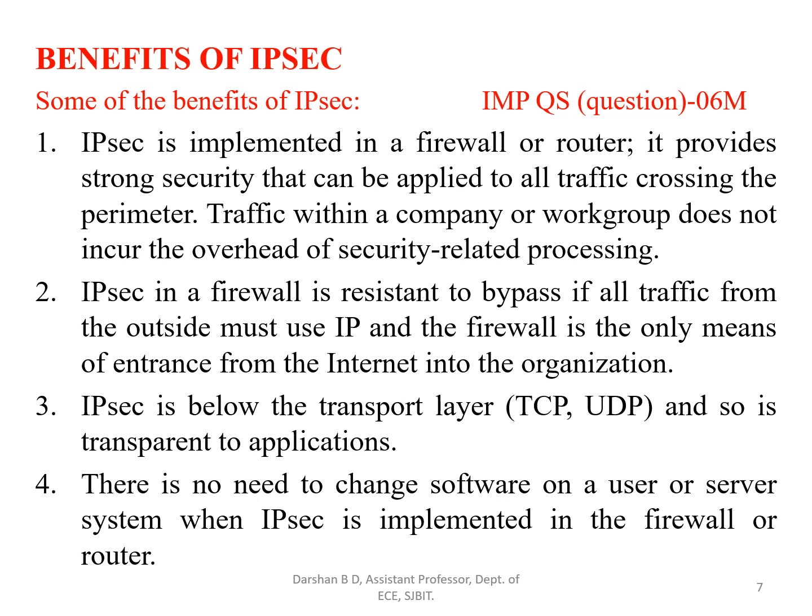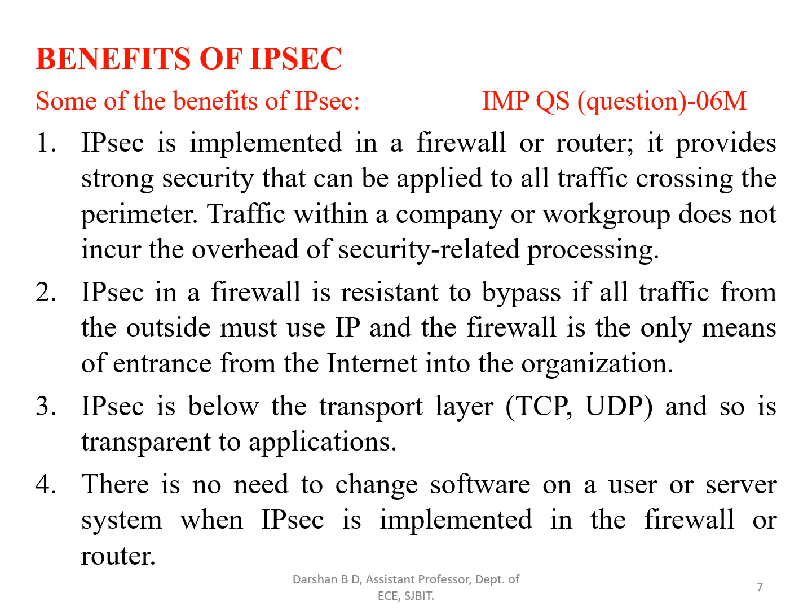IP security in a firewall is resistant to bypass if all traffic from the outside must use IP, and the firewall is the only means of entrance from the internet into the organization. The internet is the door to the organization.